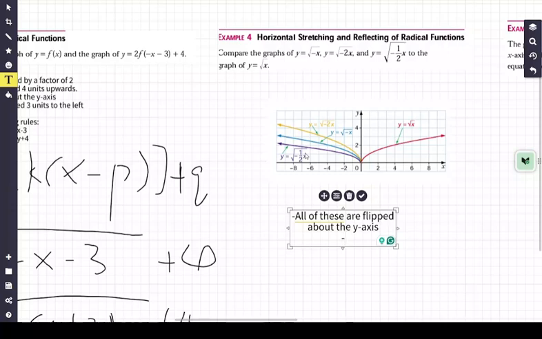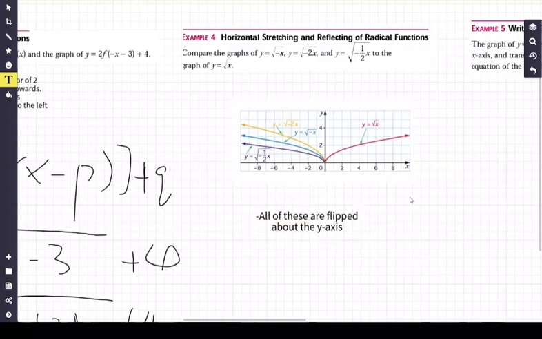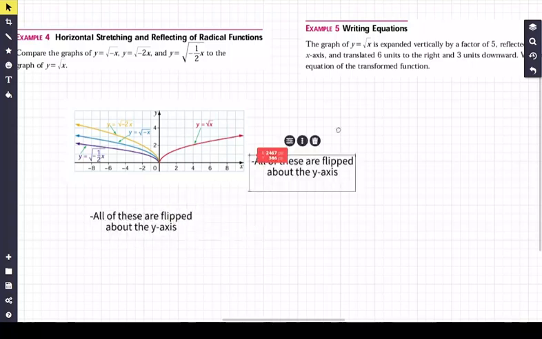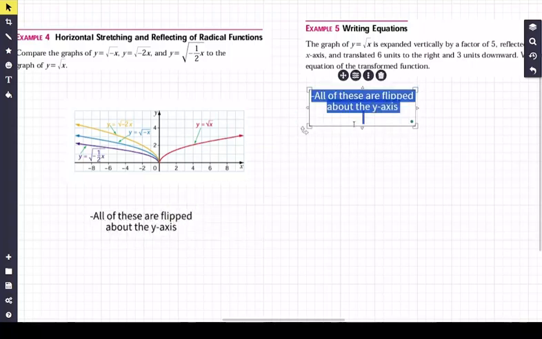So we can see there's a horizontal stretch by a factor of 2, horizontal compression by a factor of 1/2, and one of them is y equals negative square root of x. That's just flipping across the y-axis, right? So all of these should be pretty simple. We did this, and then let's just move on. Now this is the hard part. They're gonna describe the function to us, and we're gonna have to write out the equation.